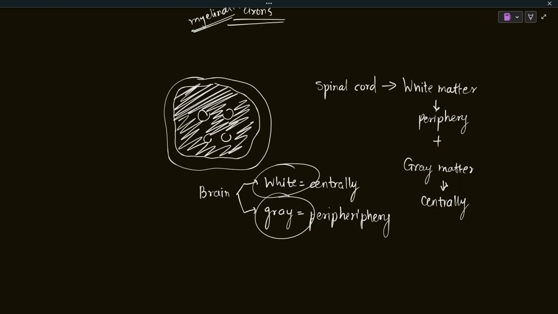So all of the bundles of myelinated axons will be found in white matter, while in the gray matter there will be unmyelinated axons and the cell bodies. Clusters of cell bodies, the nuclei, will be there in the gray matter. Then the axon terminals, the neuroglial cells, all of them that do not have a myelin sheath will be found in the gray matter.